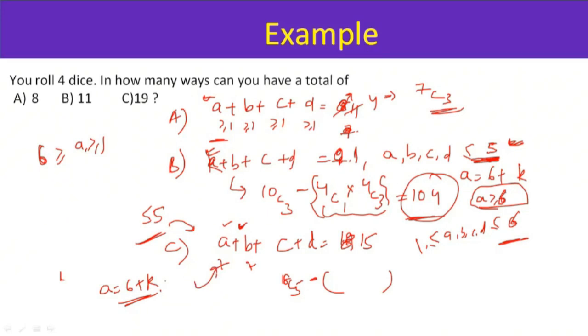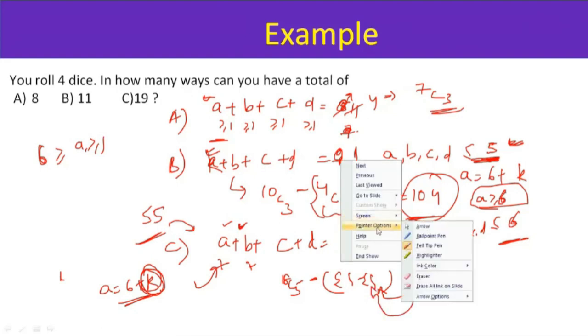But the problem here is, a K can also be greater than 6. Because this number is too high, we don't know whether it's only one variable. There can be two variables as well which are greater than equals to 6. And hence, while you can do it by this method, it will become very confusing. You'll have to do total minus some cases, and then again calculate this sum, then find this, and then calculate it the other way around.